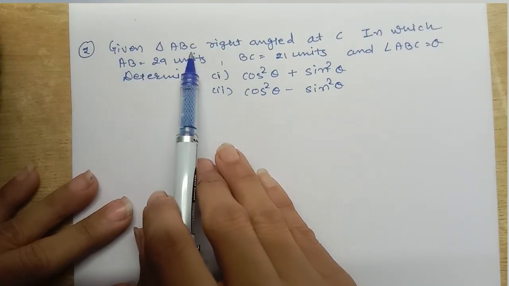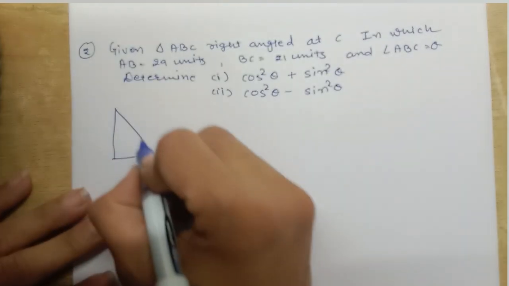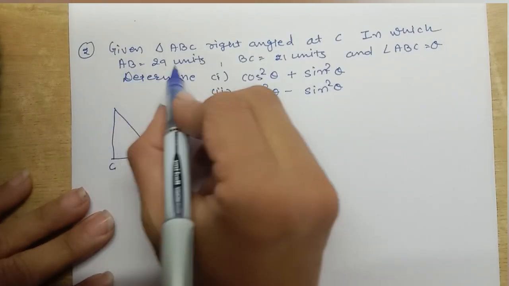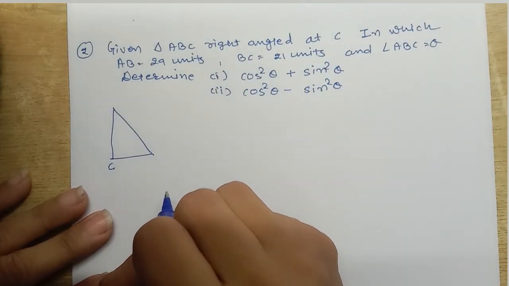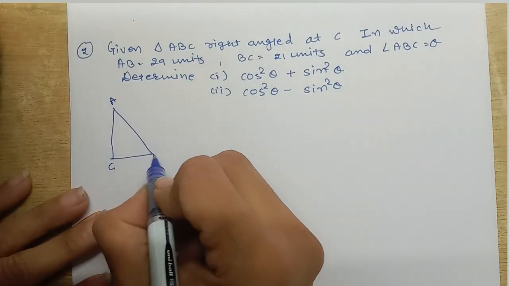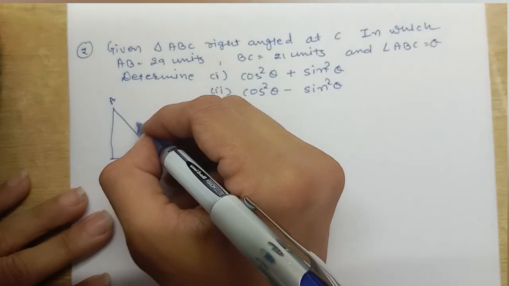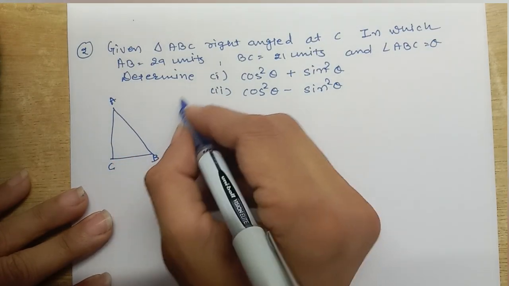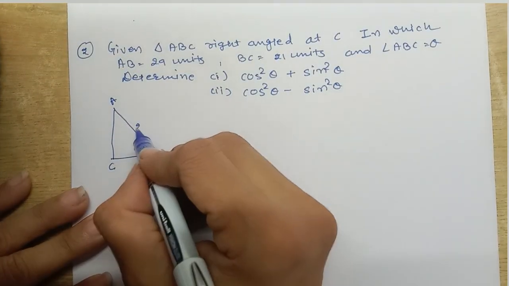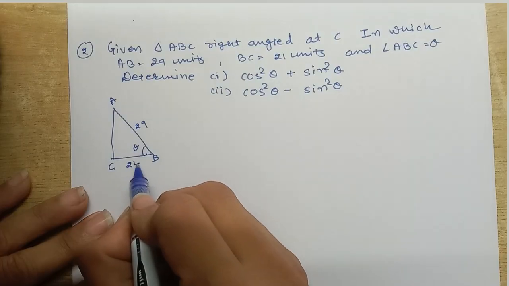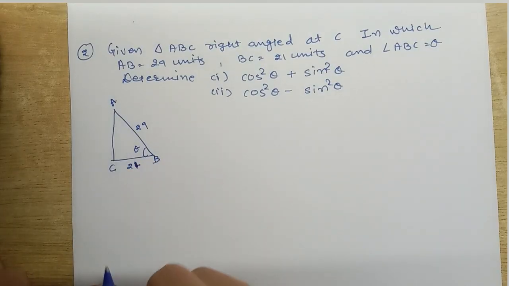Here given triangle ABC, right angle at C, in which let's make the diagram first. Right angle at C, in which AB is 29 units, BC is 21 units, and theta is at B. So A, B and C. We have to find out the length of AC.